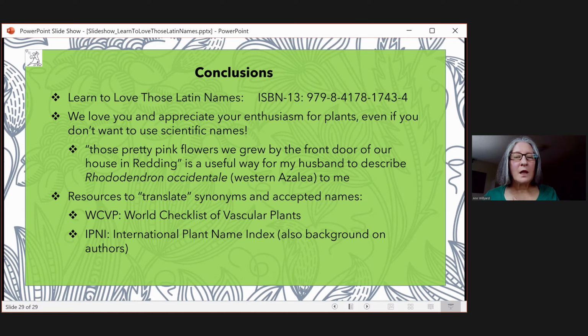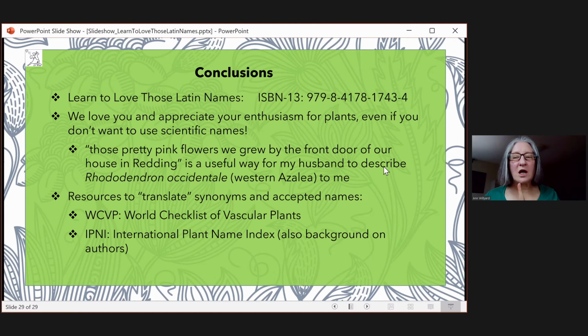I want to just close here, running out of time. I just want to say that I think it's important when you're working with people to love them and appreciate their enthusiasm. My husband has a name for azalea, for Rhododendron occidentale, which most of my gardener friends called Western azalea.